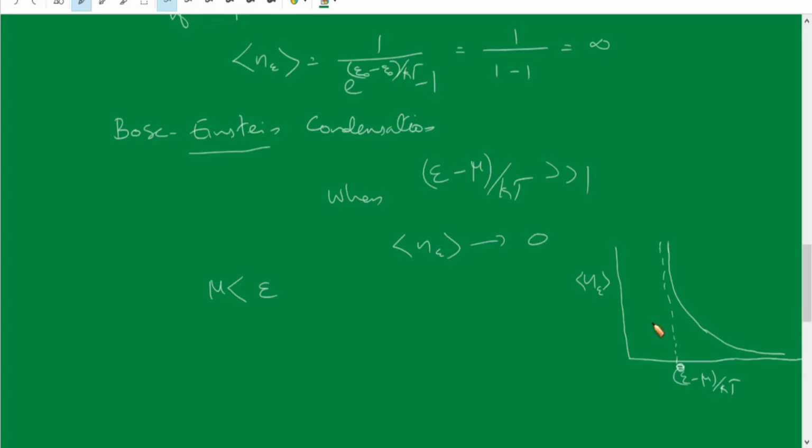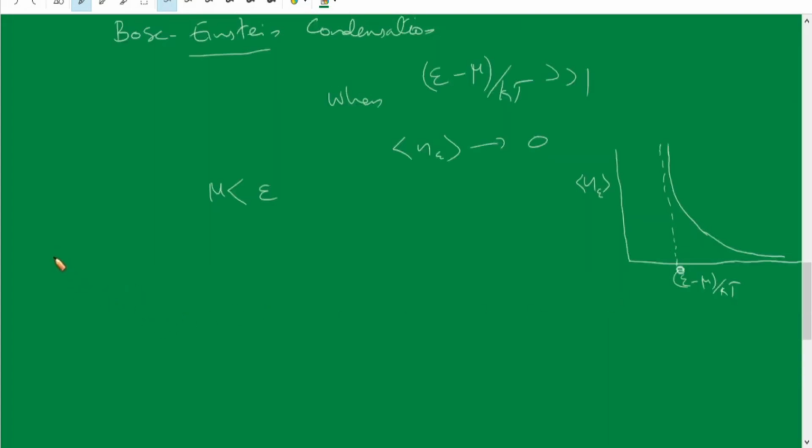The last one is the Maxwell-Boltzmann case. In this Maxwell-Boltzmann case, the value of A is equal to 0.